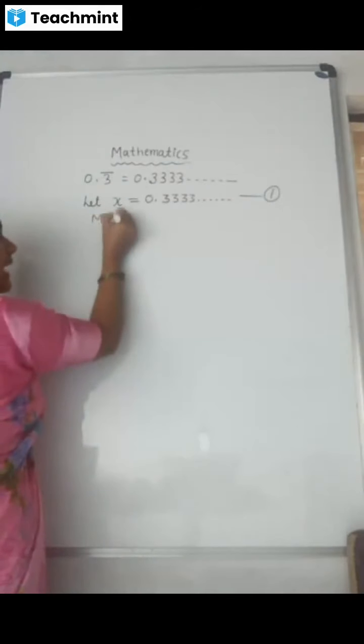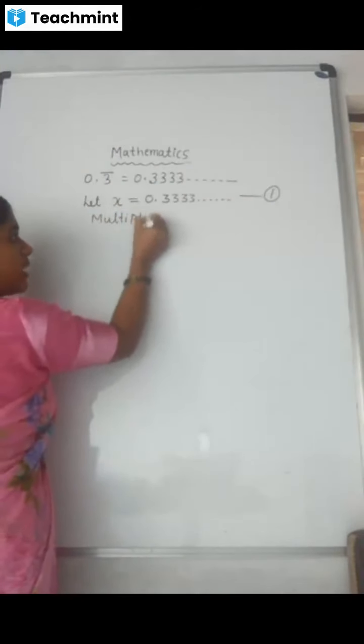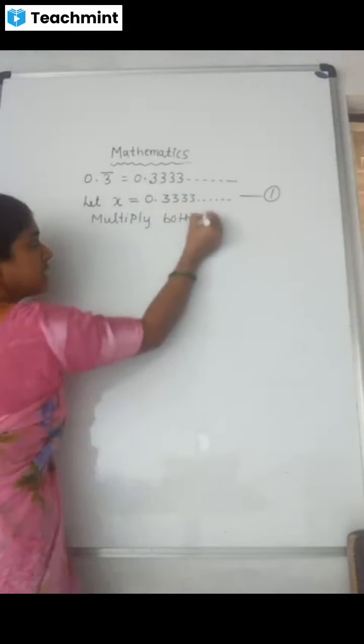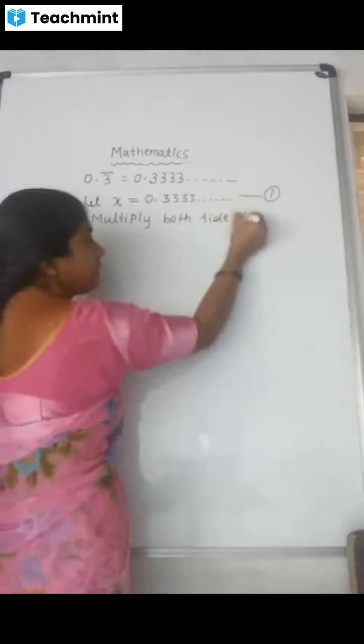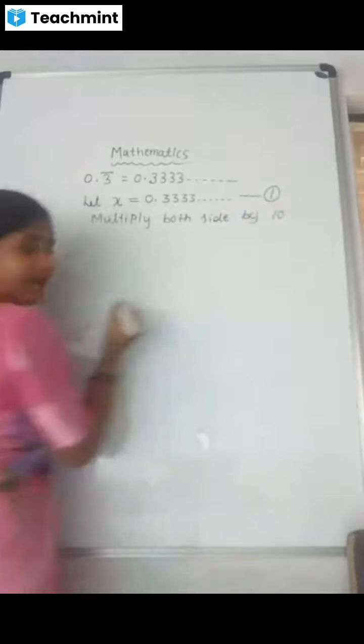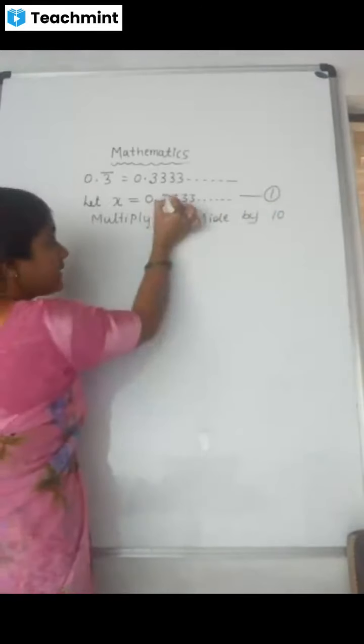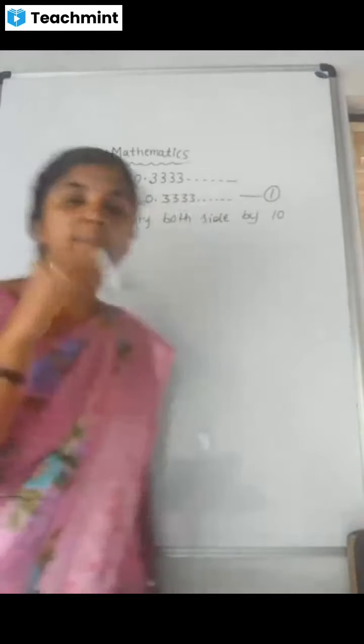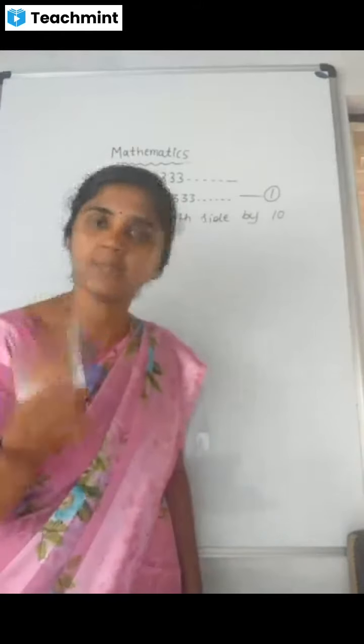Now multiply both sides by 10. So why 10 actually? It depends upon the number of digits in the repeating block.